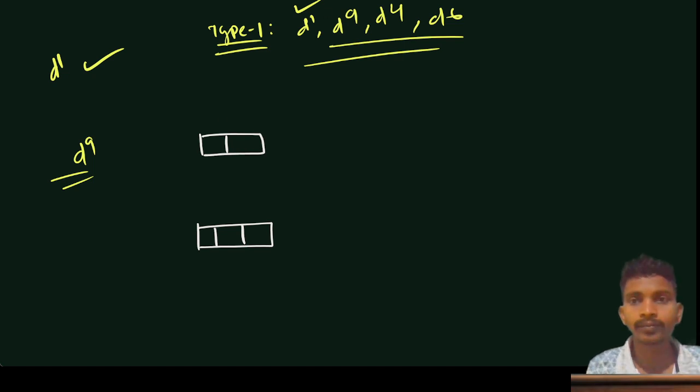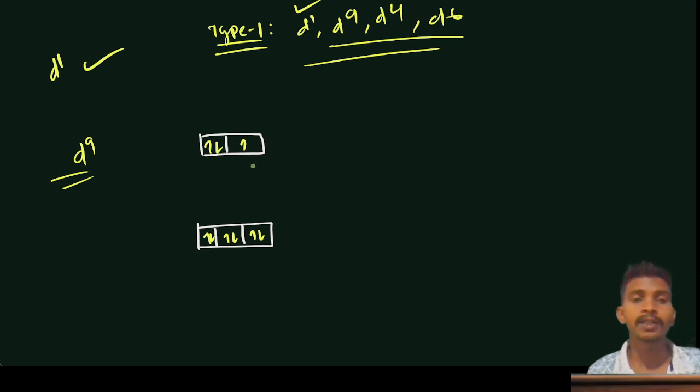For D9, if I draw the Orgel diagram, only high spins are allowed. D1, 2, 3, 4, 5, 6, 7, 8 and 9.